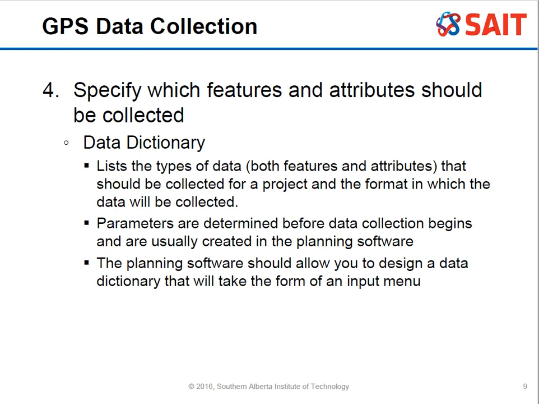Is it going to have any limitations? Is it having classes? Do you need to implement domains before you go out there? And with any planning software that you do have, you can design a data dictionary, and then that can take the form of some sort of menu. If you don't have planning software, then you can make up a table and just write it in there, and that allows the people collecting the data to see what they need to do.